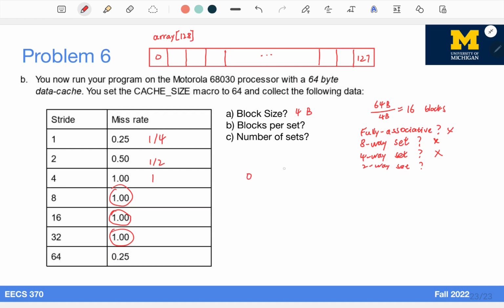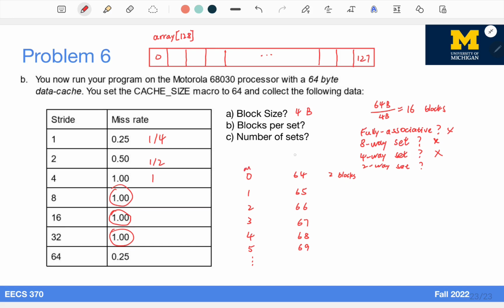In this case, we access 0, 64, and then 1, 65, and then 2, 66, 3, 67, 4, 68, 5, 69, and so on. So in every iteration, we access only 2 blocks, which exactly fit inside our two-way set associative cache, and we don't have any cache eviction.